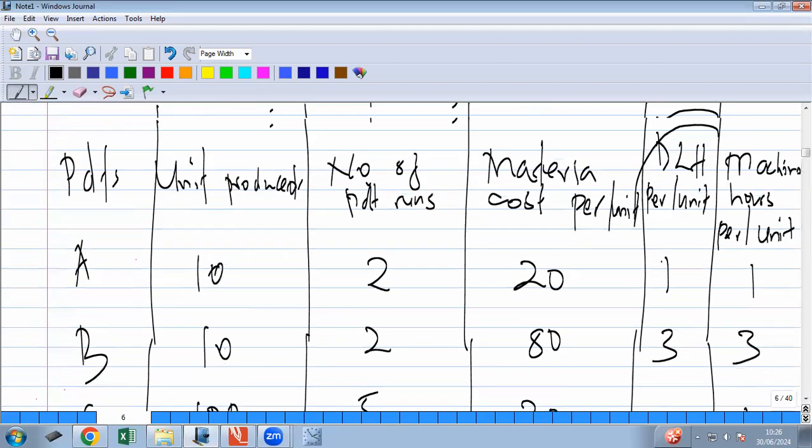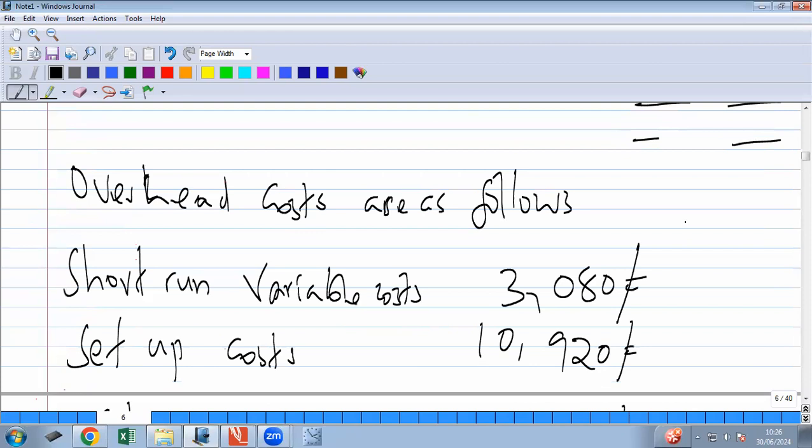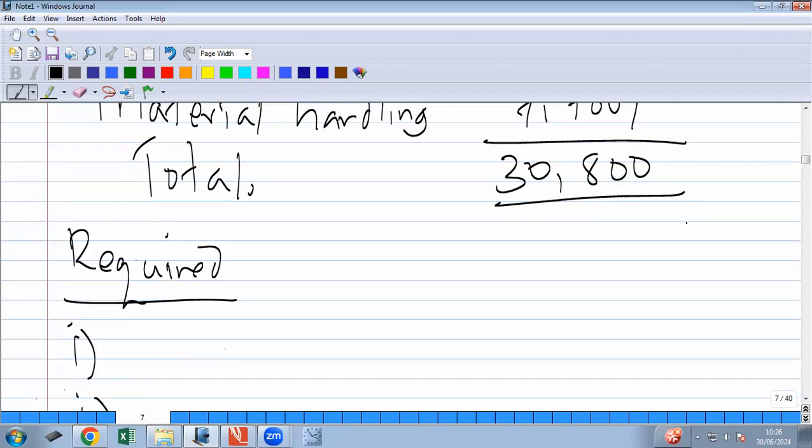This one here is direct labor hours. This is per unit. So this is going to be the direct labor hour cost.